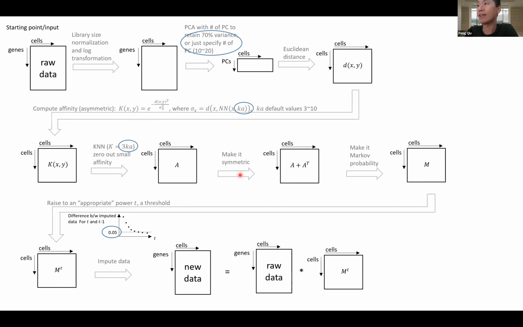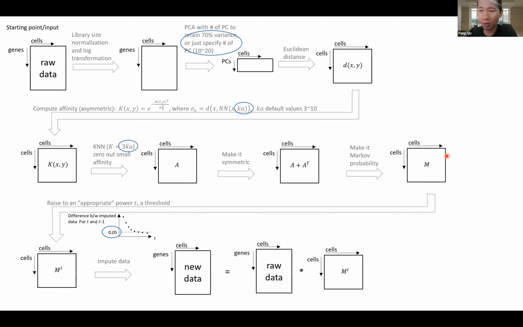Then they compute A plus A transpose to make sure that this matrix is symmetric, and then they turn this matrix into a Markovian probability transition matrix M. So the M matrix here is essentially the T tilde matrix in the DPT algorithm.